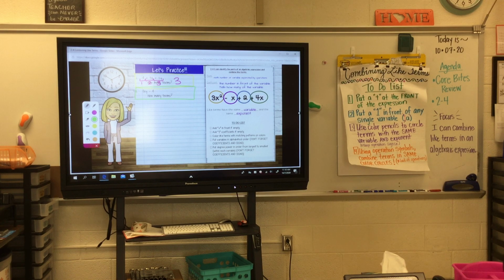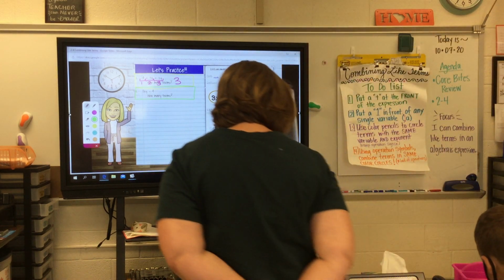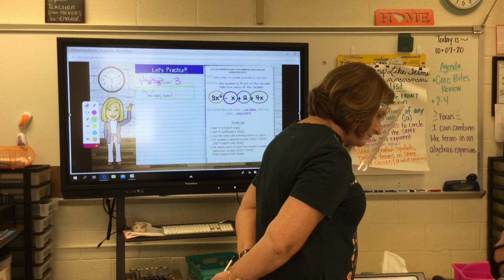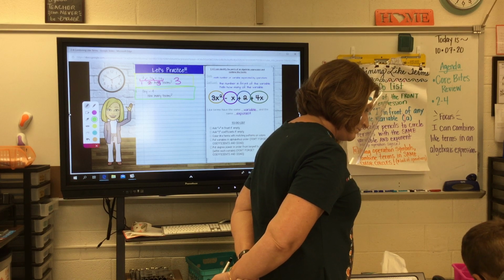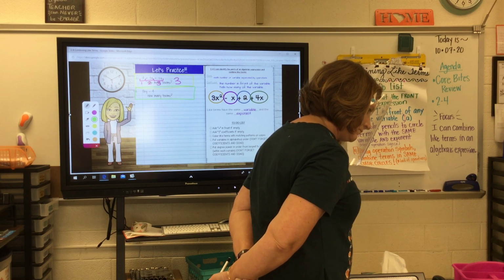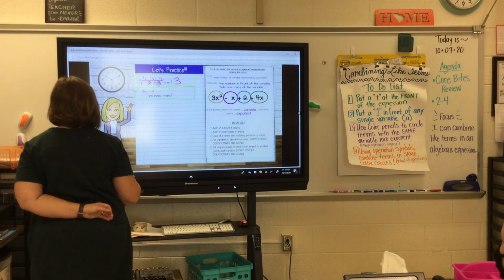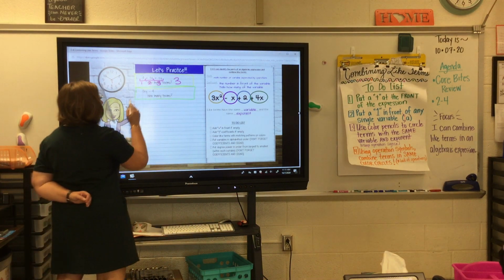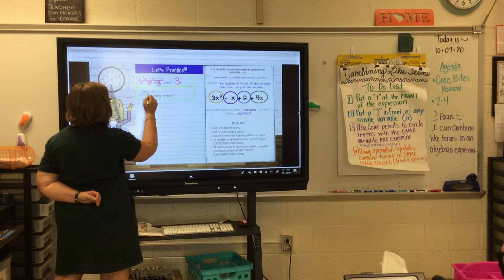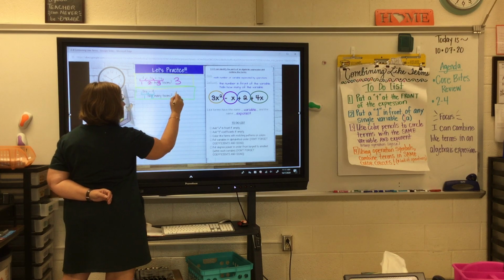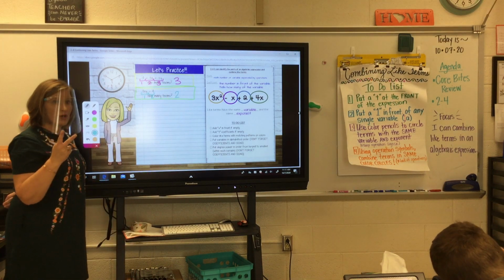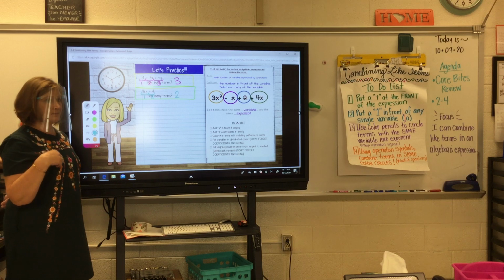Remember, terms are separated by operation symbols. How many do we have, Ava? 2. 1 is here. 2 is there. So we have 2 terms in that expression, okay?